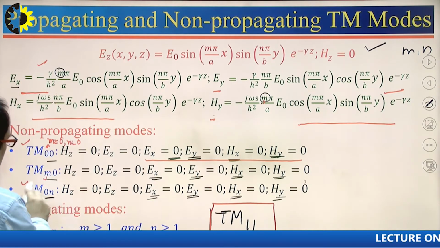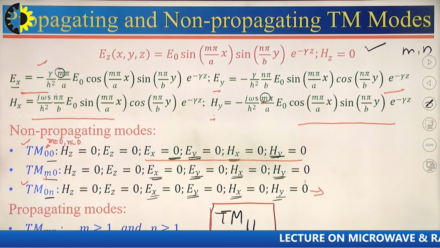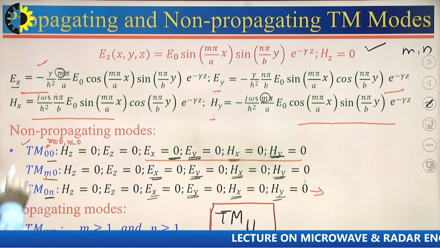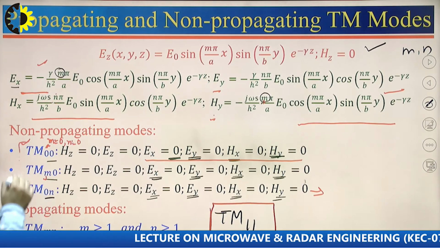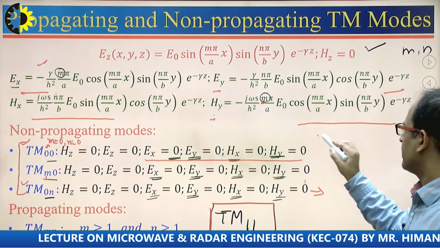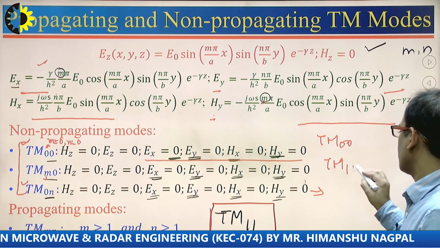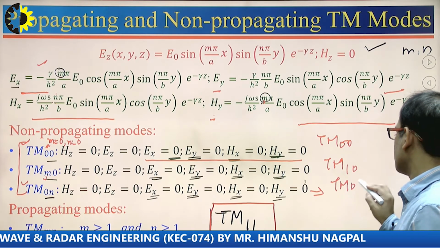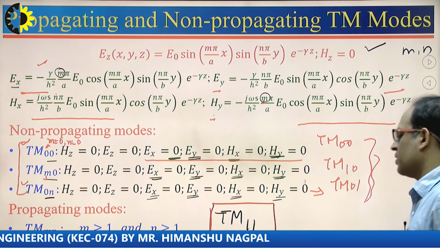Therefore, in this also the whole field components come out to be 0. That's why these modes are known as the TM non-propagating modes. That is, generally the question is asking why TM00, TM10 and TM01 do not exist inside the rectangular waveguide.